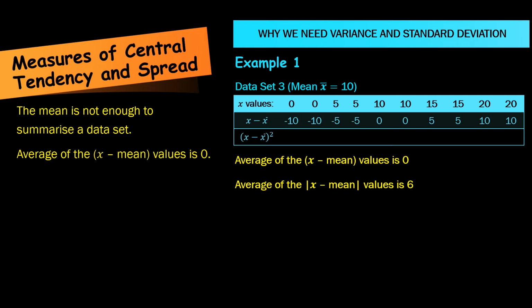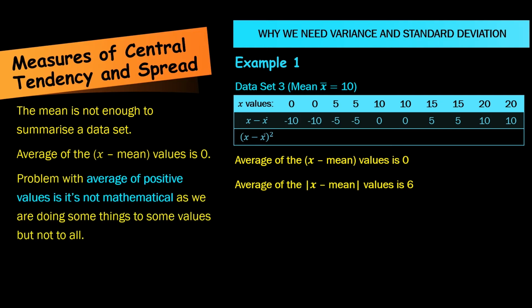Now, the problem with averaging just all the positive values is that it's not mathematical, because we're doing some things to some values, but not to every value. What do you think is another way of making everything positive?